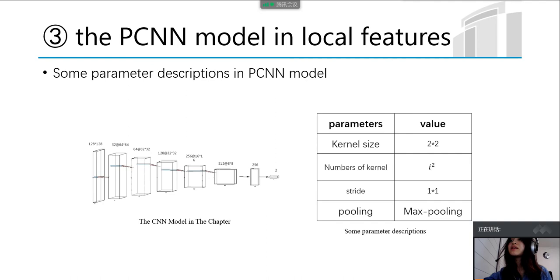Our PCNN model consists of 5 convolutional layers for feature extraction and 2 fully connected layers for classifying feature maps. Some parameters in the PCNN model have already been set as in the table. Others will be compared in the experiment.